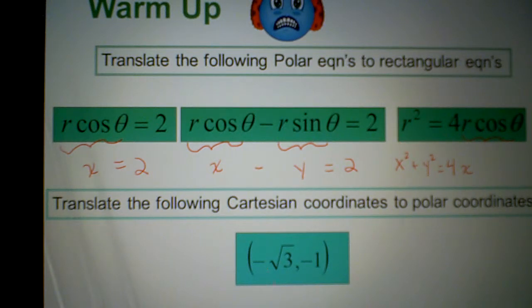Translate the following Cartesian coordinates, that's x comma y, into polar coordinates. Well, remember that for polar coordinates I need r comma theta.